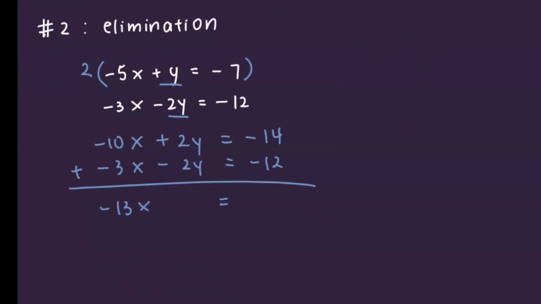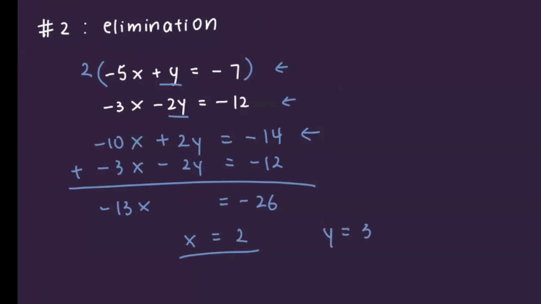And negative 14 plus negative 12 is negative 26. Divide both sides by negative 13 and we'll get x equals 2. Then we'll repeat the same step of plugging in x. You can plug x into either of the equations, and you will also get y equals 3.